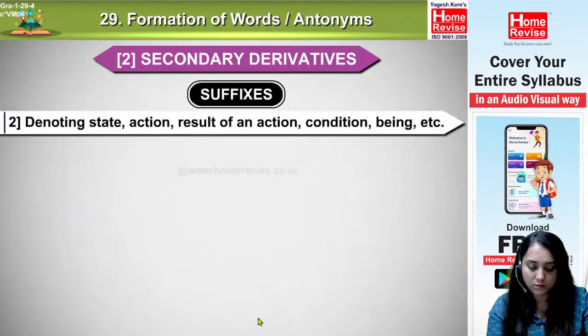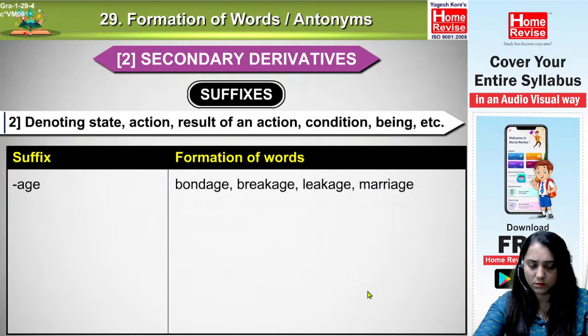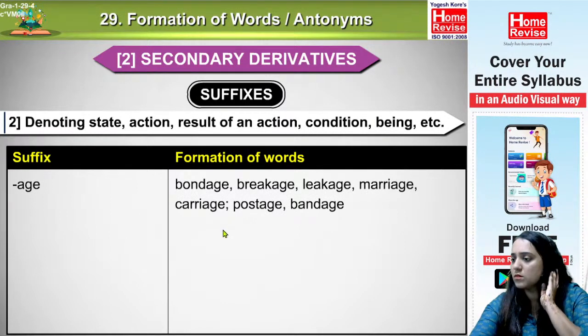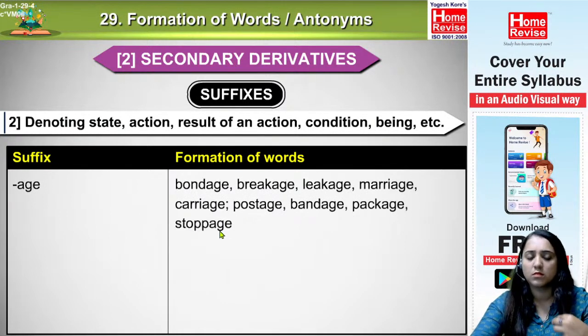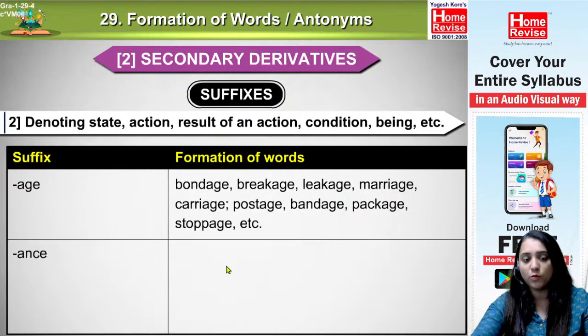2. Denoting state, action, result of an action, condition, being, etc. AGE: bondage, breakage, leakage, marriage, carriage, postage, bandage, package, stoppage, etc. So AGE can be added after the word.